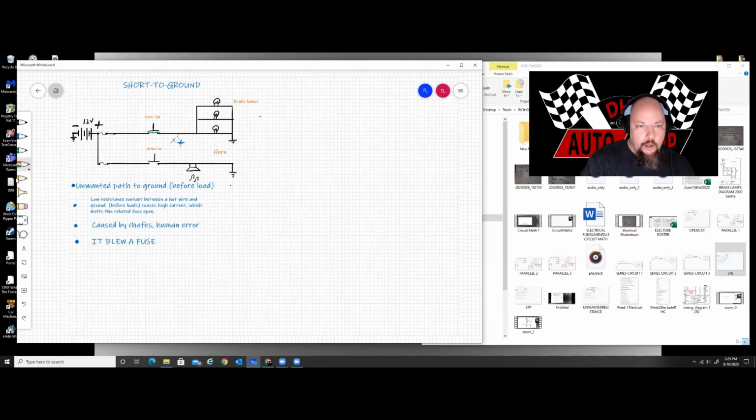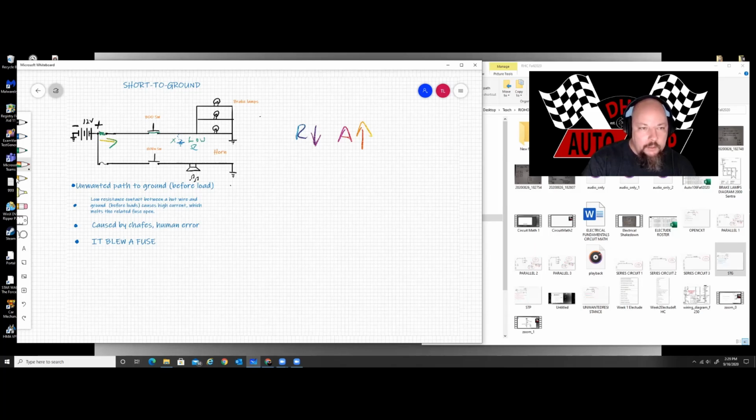Now, this connection to ground is going to be a very, very low resistance connection. And if my resistance is really, really low, my current is going to go really, really high. Okay? That high current flow is going to be going through the circuit for usually just a very brief moment, causing the fuse to melt open because of the high heat.